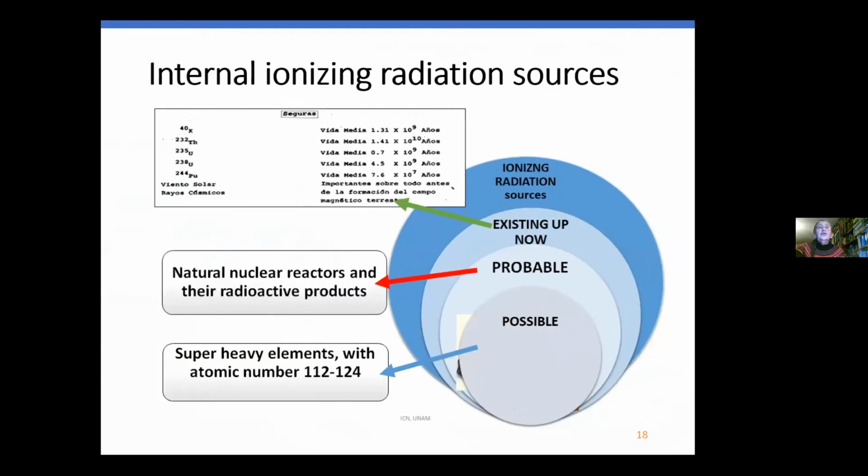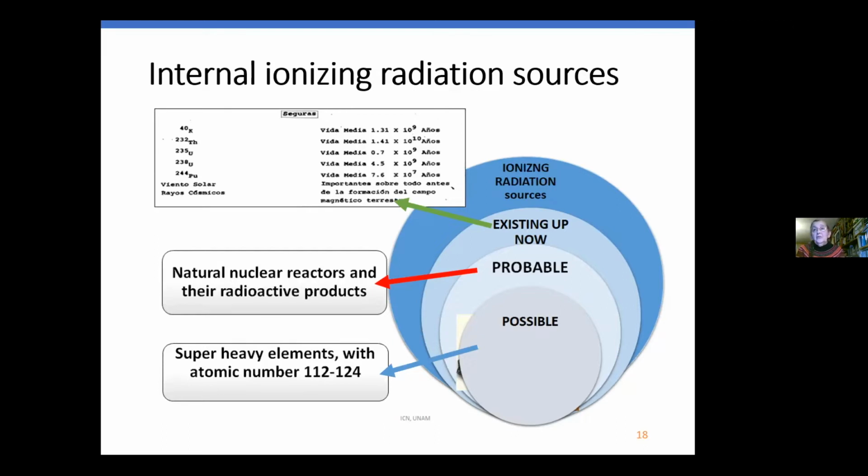There are two sources of ionizing radiation on the Earth. One is external, which comes from cosmic rays, and the internal ones are because of the radionuclides that were formed since the Earth was formed, and we can divide them in three groups. The first are those existing up to now, radionuclides with half-lives in the order of 10 to the 7 to 10 to the 9 years.